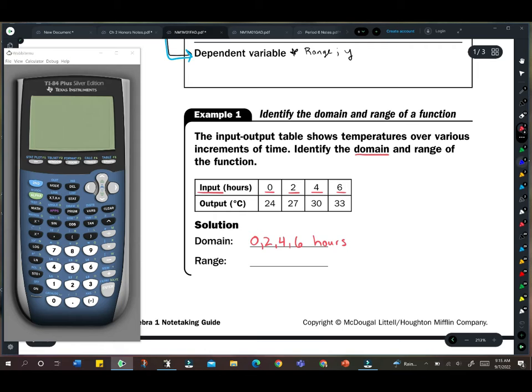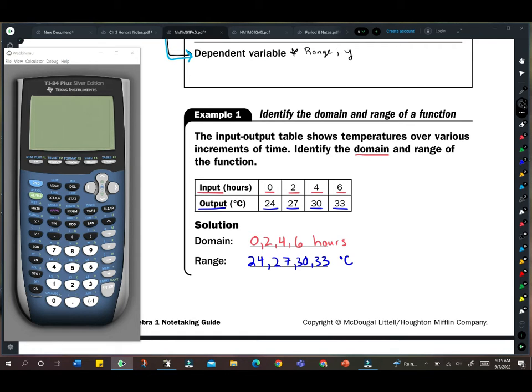It could be helpful to write down the unit. We're dealing with hours. The range, on the other hand, are the output values. So 24, 27, 30, 33 are the range values. So simply just identifying which is which. Pretty easy, I hope. And that's in degrees Celsius.